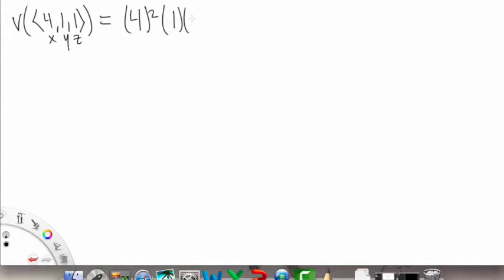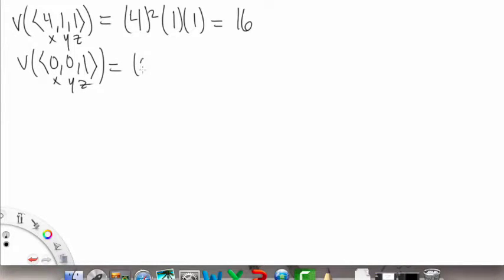So our v of 4, 1, 1, this is basically our x, y, and z. When we plug that in, we get x squared, so 4 squared, times y, 1, times z, 1, which will be 16. And our v of 0, 0, 1 is just 0 squared times another 0 times 1, which is 0.